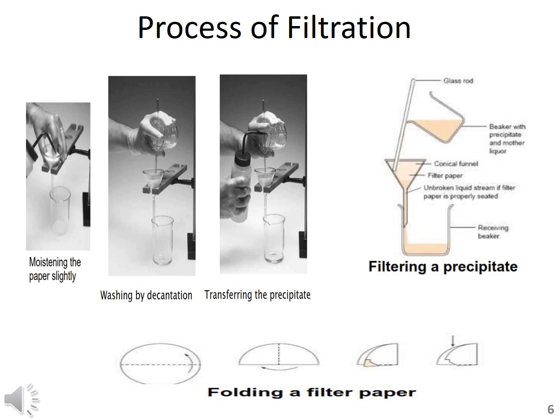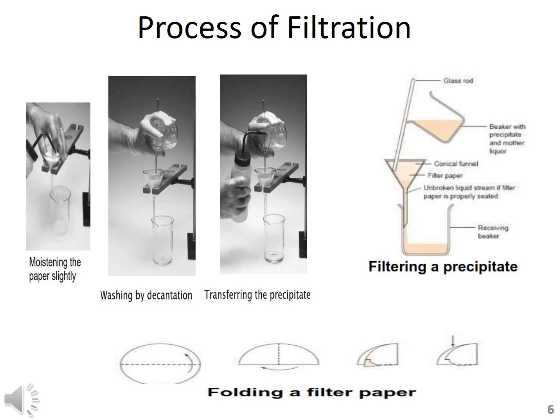So after formation of precipitates, a suitable filter paper will be chosen, and this filter paper will be folded as shown in this picture. I mean, you can fold it in two sections, then make it four sections, and using this filter paper you can filter the reaction mixture.